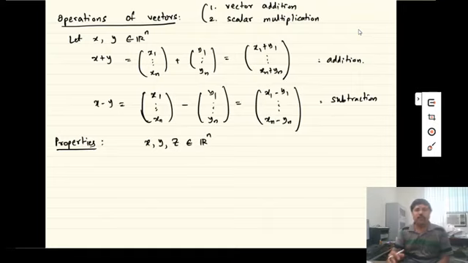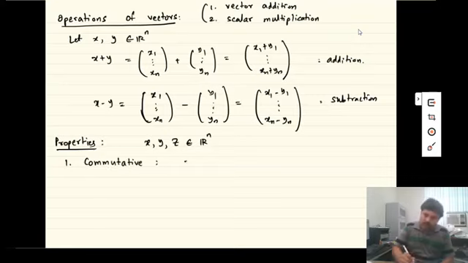If the vectors are not of same length, then I cannot add the vectors by definition. So if I have three vectors x, y and z, then the first property is commutative. What does that mean? That means that x plus y is same as y plus x.